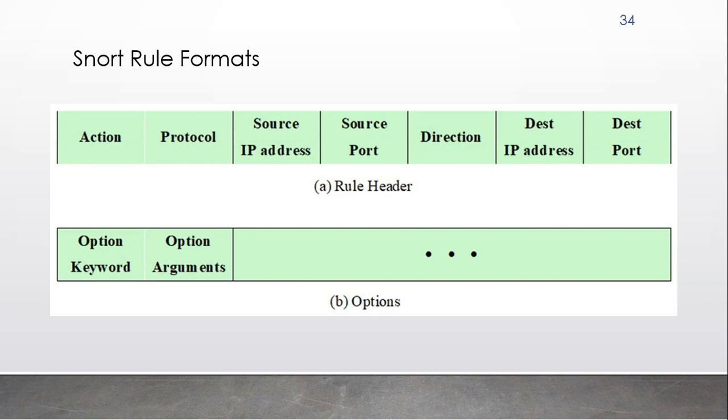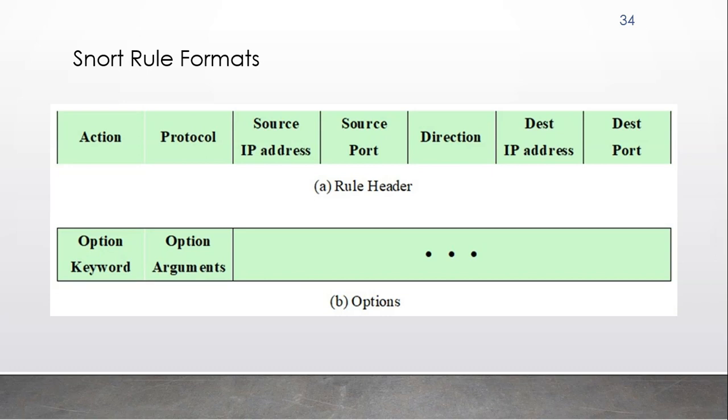The header has the following elements: an action, which tells Snort what to do when it finds a packet that matches the rule criteria. The protocol. Snort proceeds in analysis if the packet protocol matches this field. Snort recognizes 4 protocols: TCP, UDP, ICMP, and IP.